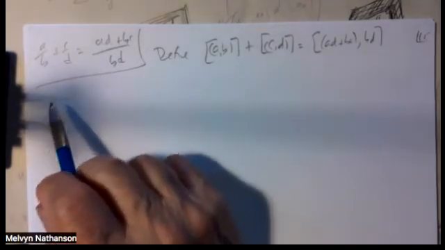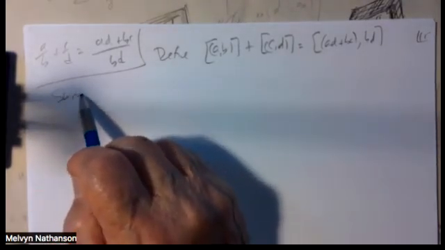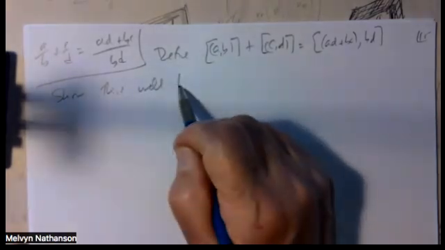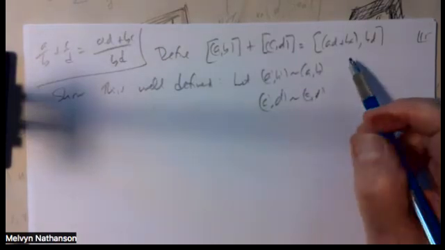And what we have to show is that this is well defined. That means suppose (A', B') is equivalent to (A, B) and (C', D') is equivalent to (C, D).